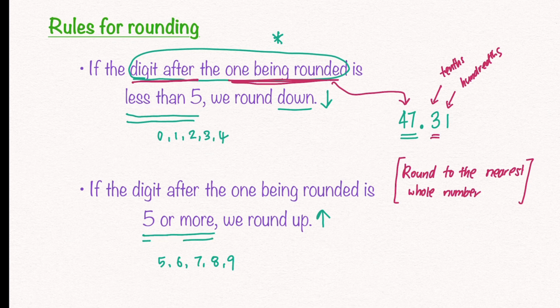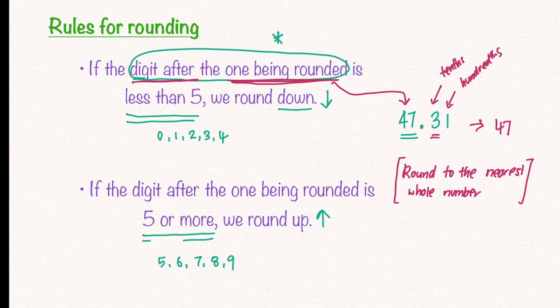The 3 fits into the category less than 5, so we need to round down the whole number. When we say round down, it simply means to keep it as it is. So the 47 stays, but we're dropping the 31. So 47 and 31 hundredths, rounded to the nearest whole number, becomes 47. And it makes sense that we say round down because 47 is less than 47 and 31 hundredths.